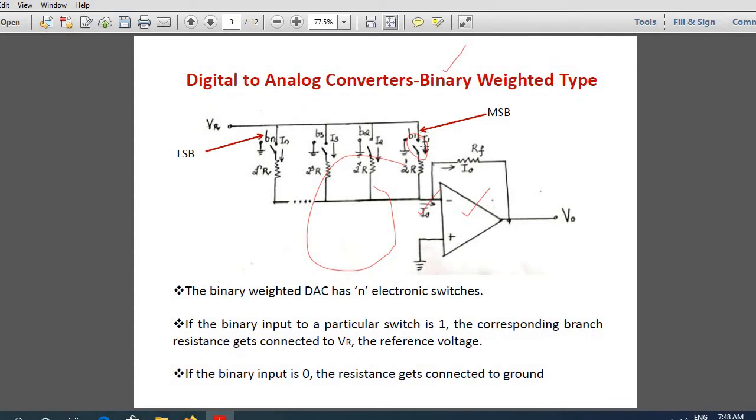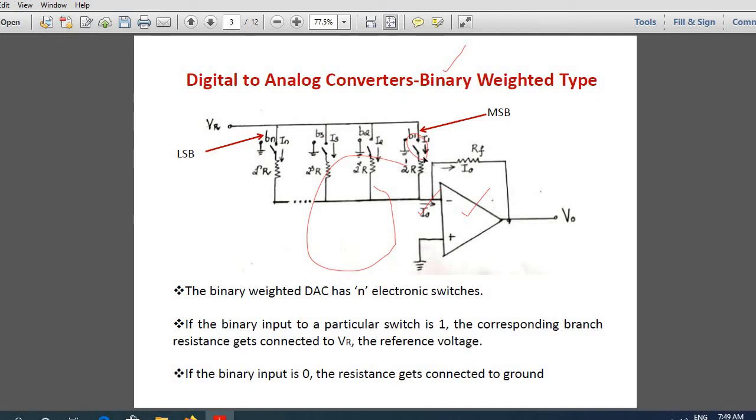I1, how will you calculate the individual current I1? It is VR divided by 2R, voltage by resistance, into B1. Because B1, or bit 1, is the decision factor which decides the current through this. If that MSB bit of your digital data is a 0, there will definitely be no current through this branch.